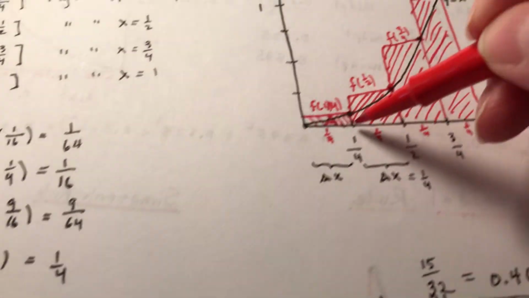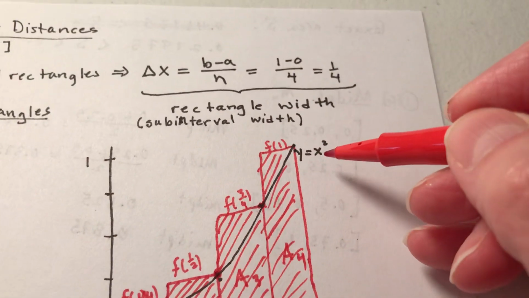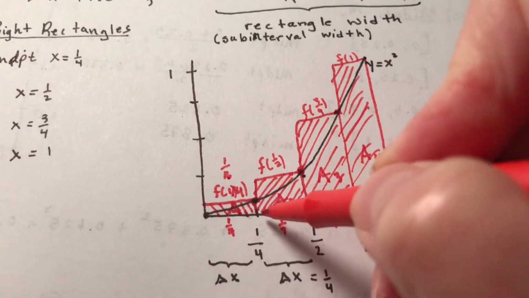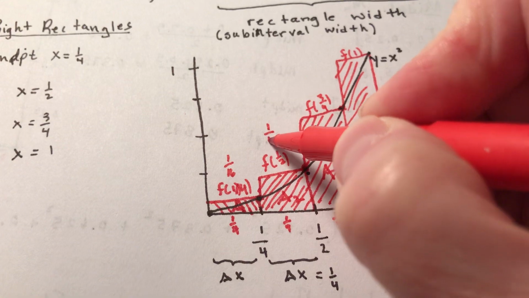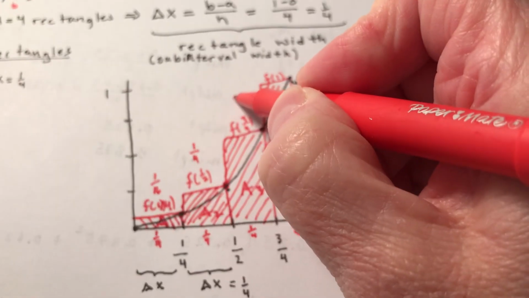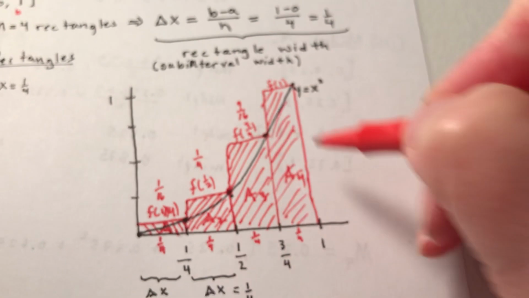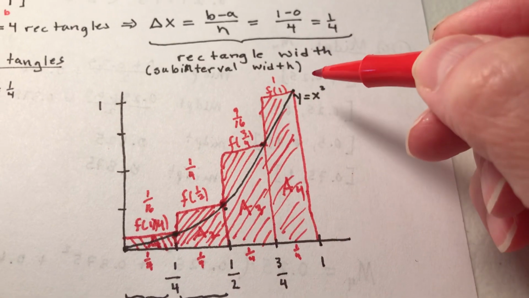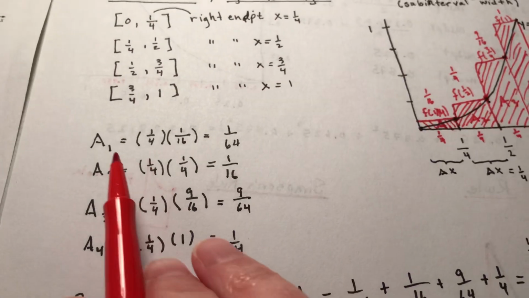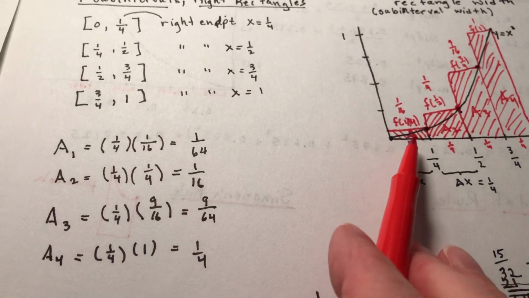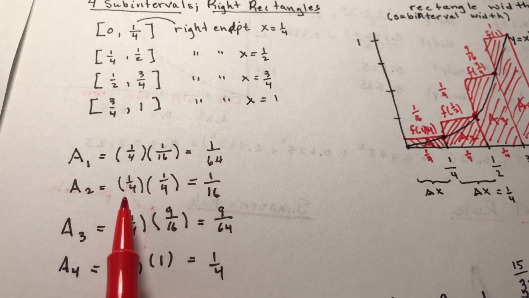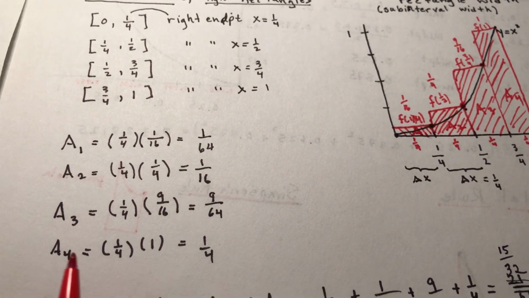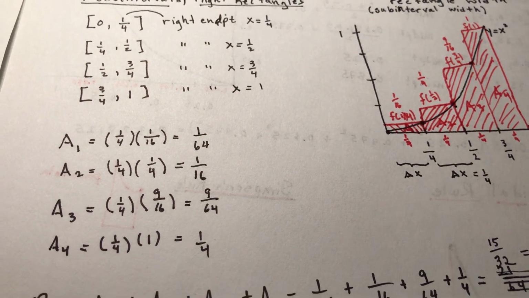How did I get 1/16? f of 1/4 is 1/4 squared, which is 1/16. f of 1/2 is 1/2 times 1/2, which is 1/4. For 3/4, you get 9/16, and that one's going to be 1. I'm just plugging the right-hand endpoint into the function. So area 1 is 1/4 times 1/16, which gives 1/64. Area 2 is 1/4 times 1/4. Area 3 is 1/4 times 9/16, and area 4 is 1/4 times 1, which is 1/4.